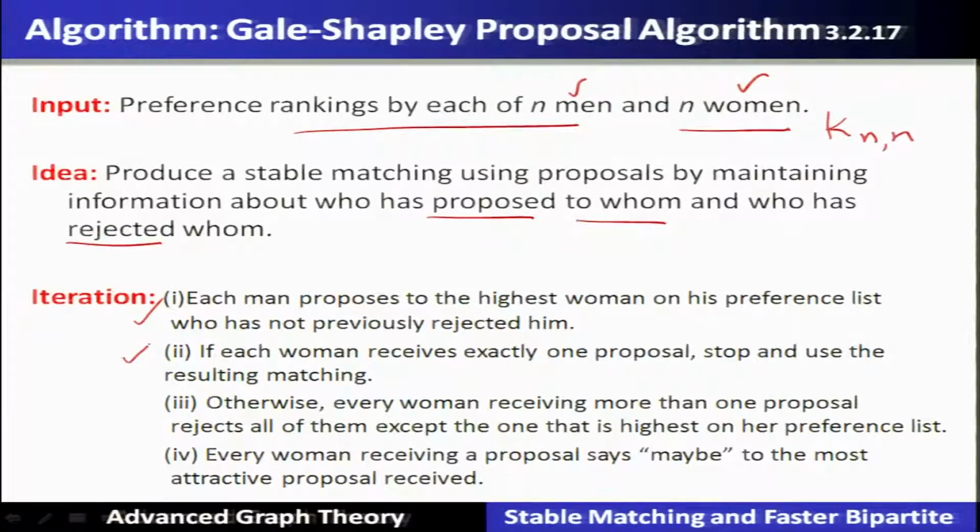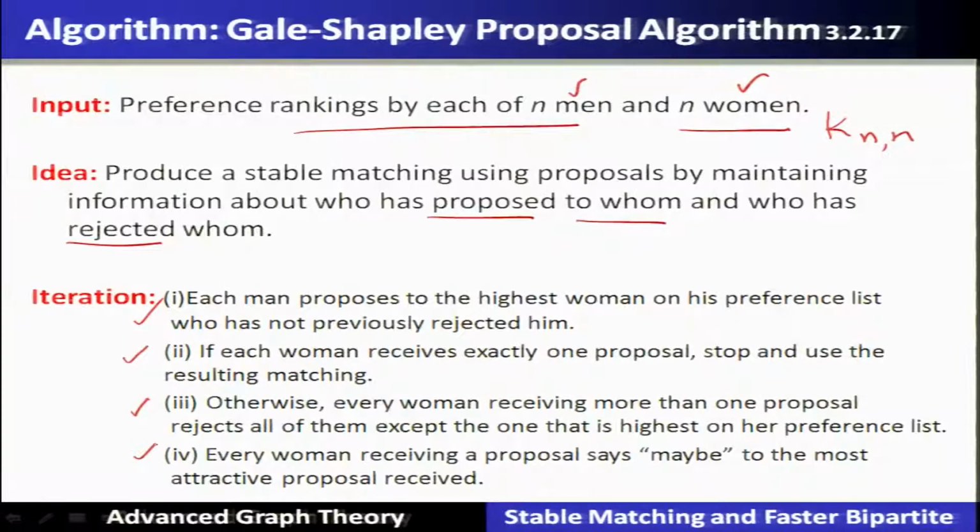Otherwise, every woman receiving more than one proposal will reject all of them except the one that is highest on her preference list. That is the third step. Every woman receiving a proposal says maybe to the most attractive proposal received.